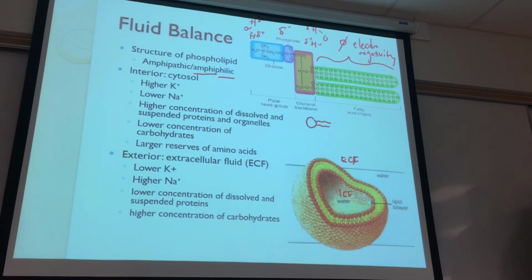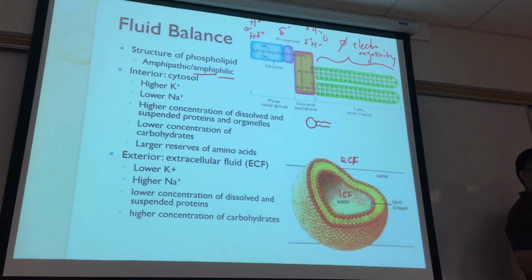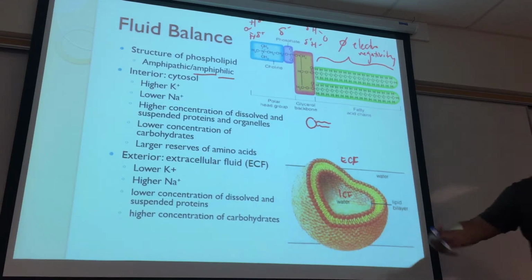We want to make sure that the inside concentration remains high in potassium, and the outside stays high in sodium. For a cell to exist in homeostasis, at rest, it needs to make sure that these concentrations are different. We're going to talk about how that's done a little further into our lecture.